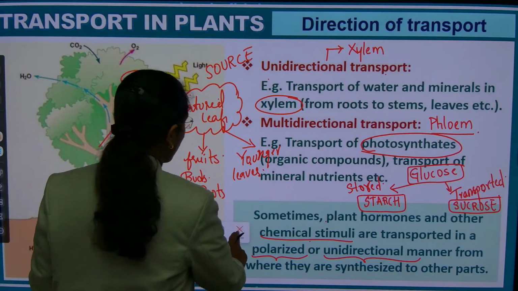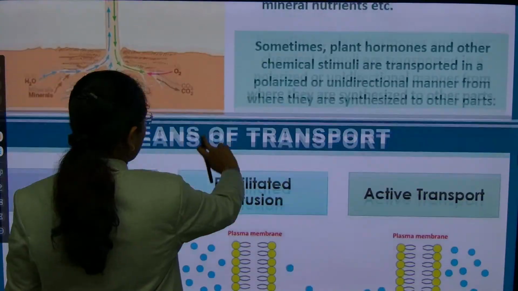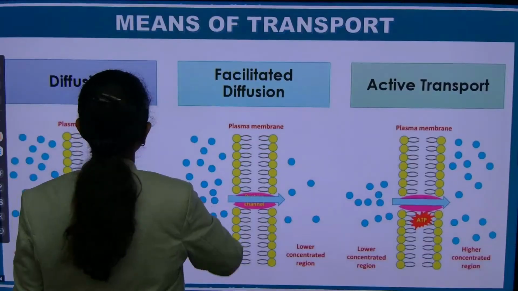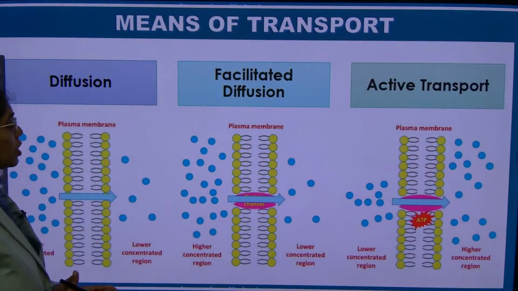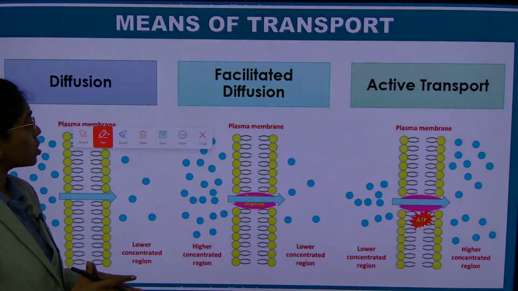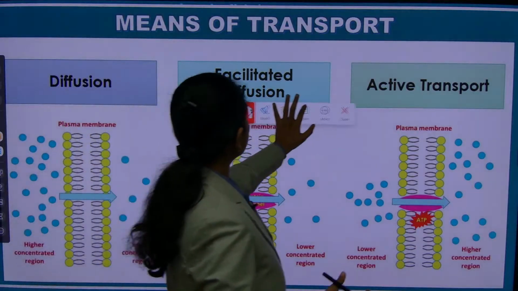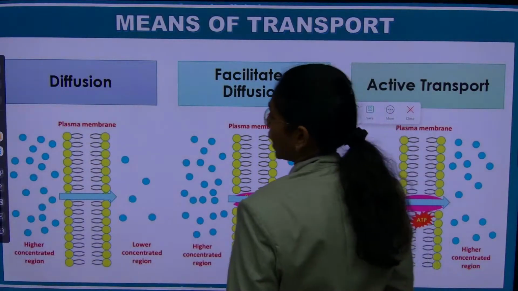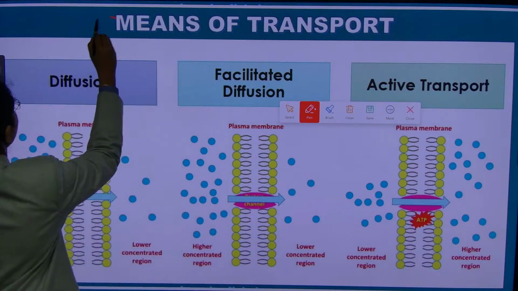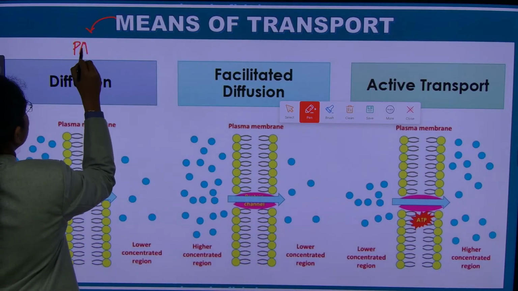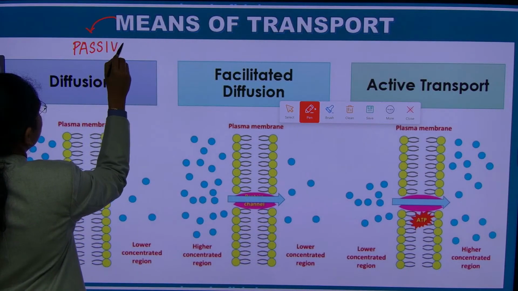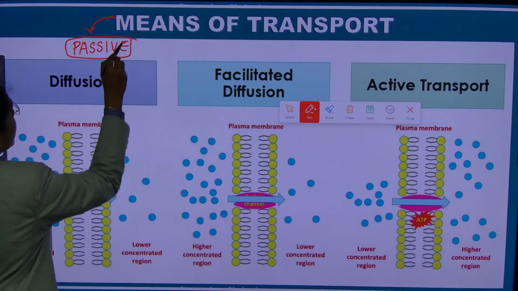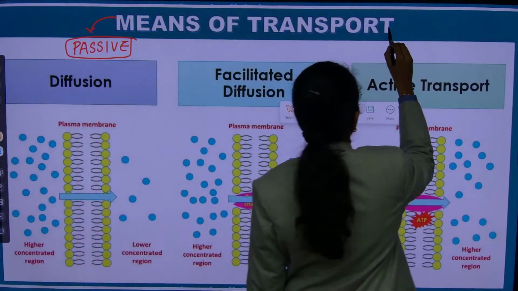Now we will move on to means of transport. As we have discussed, we have 2 means of transport. One is passive transport and the second one is active transport.